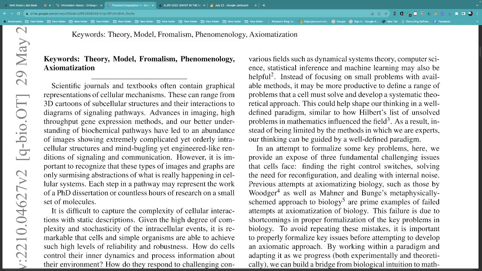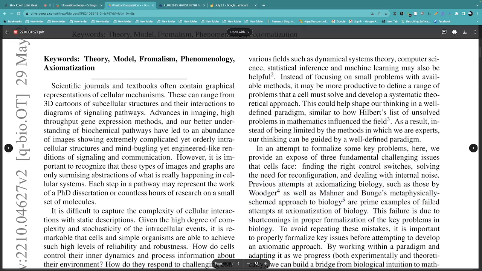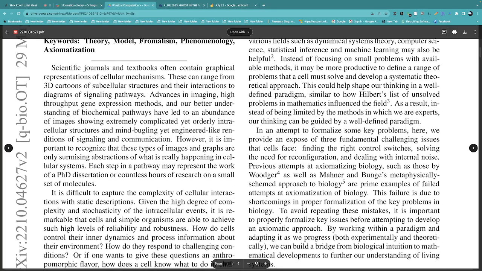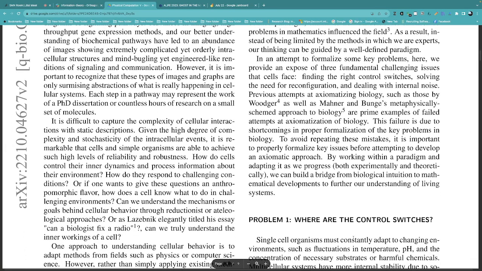You can take a biological system like the tree of life and build it using axioms, but you're not capturing the actual thing that makes the tree of life interesting, which is that it maps to life. It just looks like a binary tree or something like that. So these axiomatic systems can be applied to systems like biology, but they're failed examples because they don't capture what makes these systems what they are.